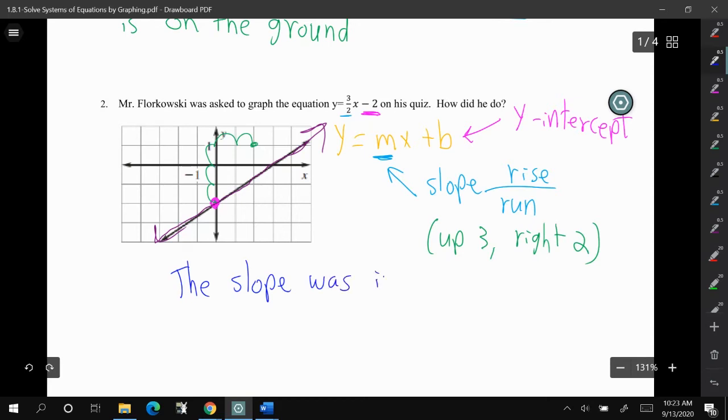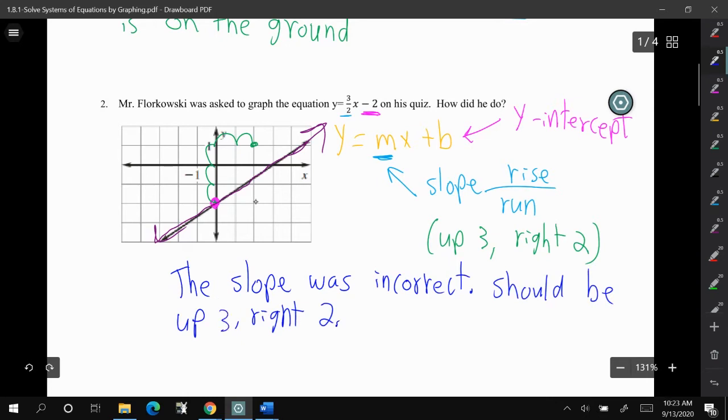It should be up 3, right 2, instead of up 2, right 3.